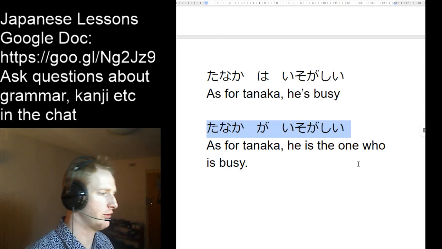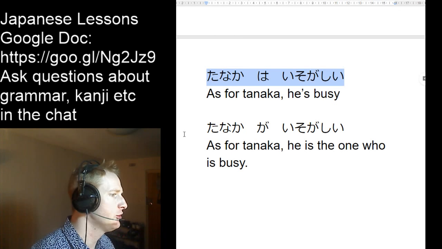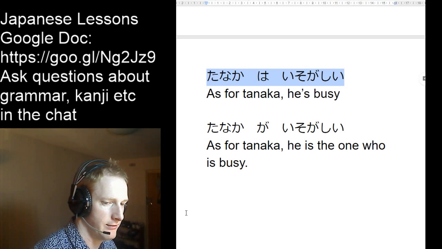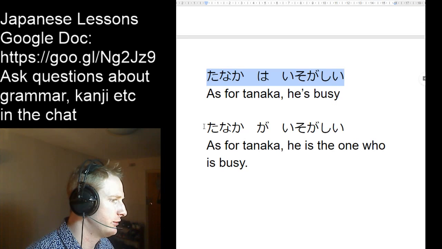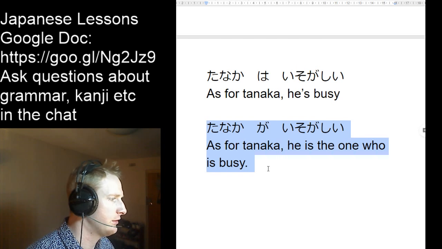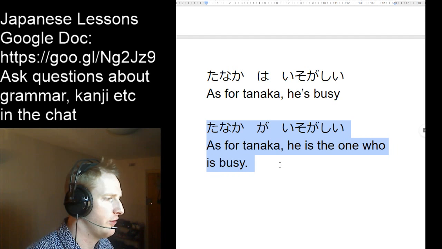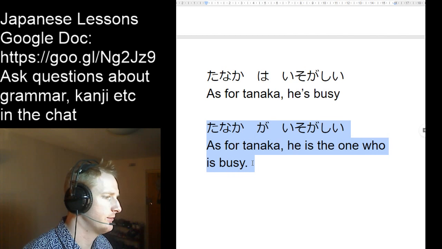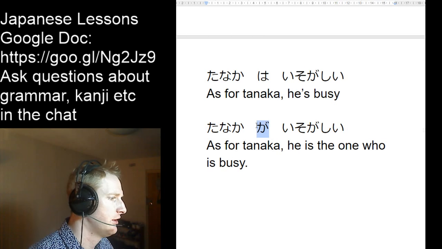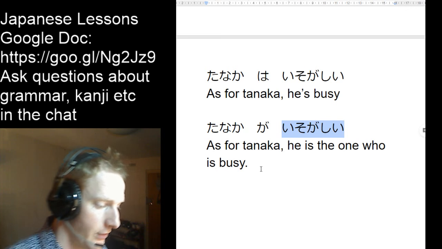You know, someone could say the first one out of nowhere, but this second one for sure, generally something else has come up. So it's like, oh, who's busy today? Or, who's that guy who's running around like a madman? So this ga really points out that Tanaka is the one who is busy. The specific guy who is busy.